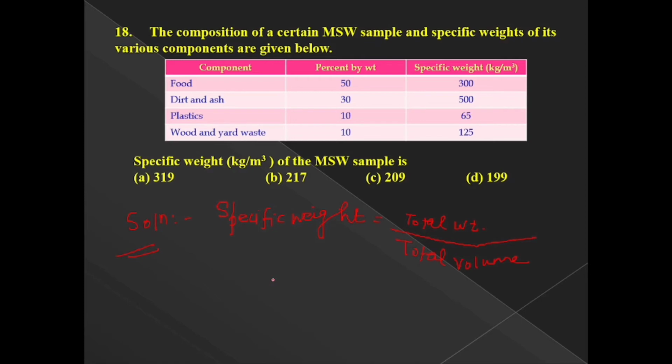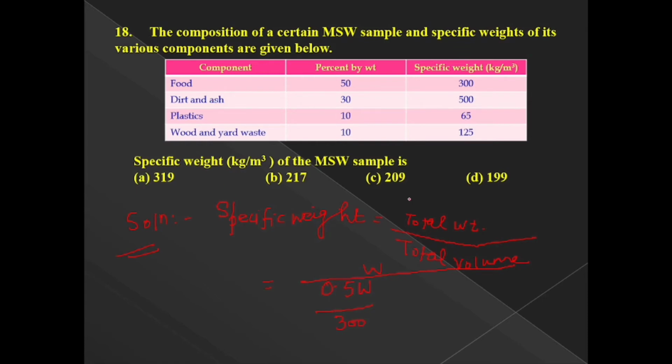Initially we have to calculate the value of the total weight. Let's suppose the total weight is capital W, divided by 0.5 into 300. So the value is 0.5 W by 300, and this is for the food.